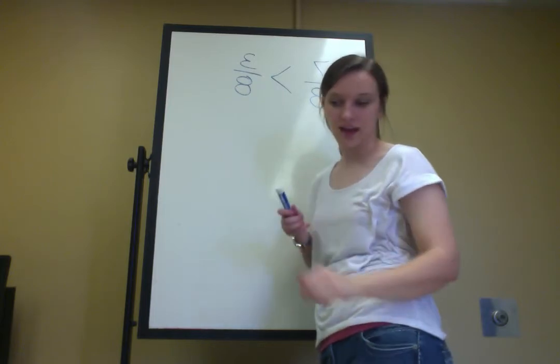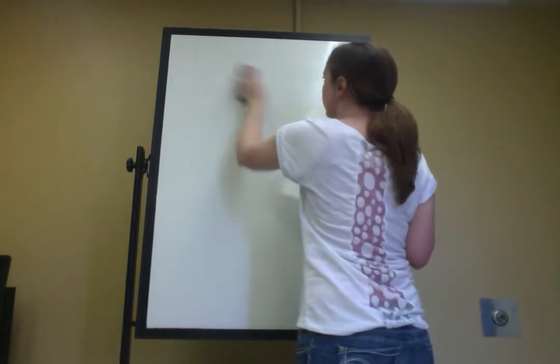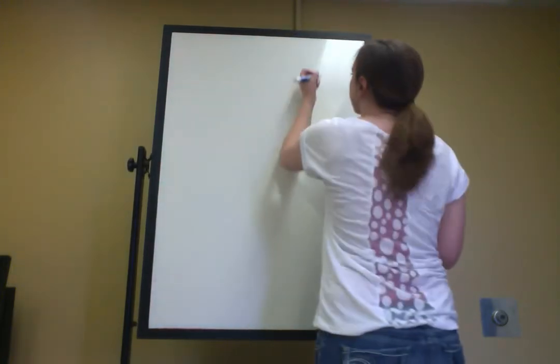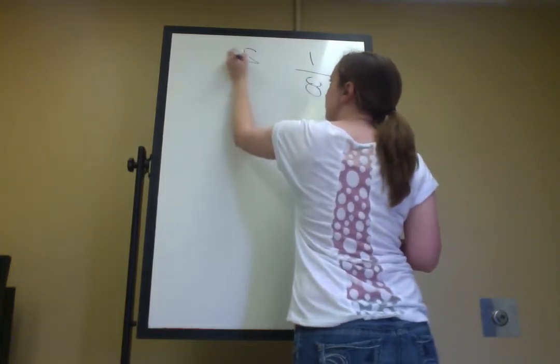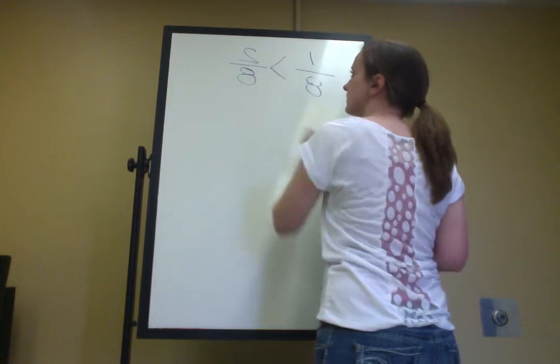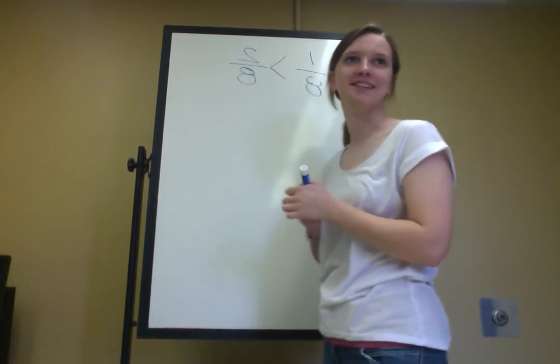Now let's say that I put this on the board. We have 1/8 and 2/8, and I say this. What are y'all going to say to me? That I'm crazy? Yeah, probably.